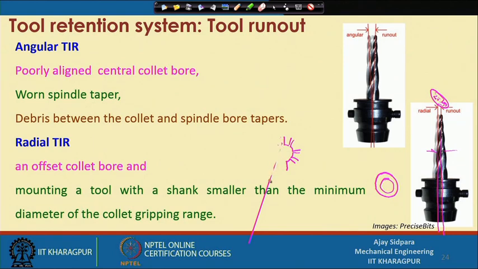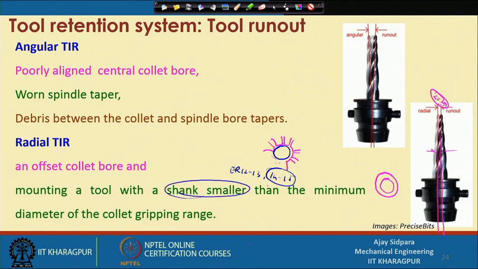These grippers hold the cutting tool, which is placed in between them. The collet size is given by ER 12, 13, ER 14, 15, something like this, right. The shank diameter of the tool should be within this range.